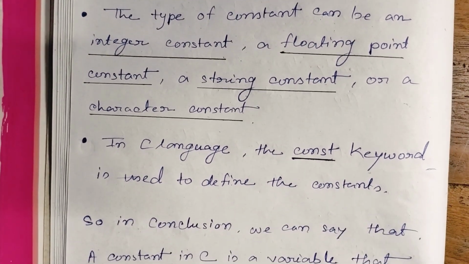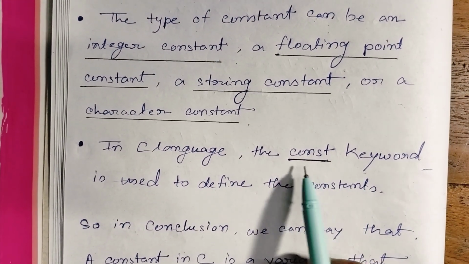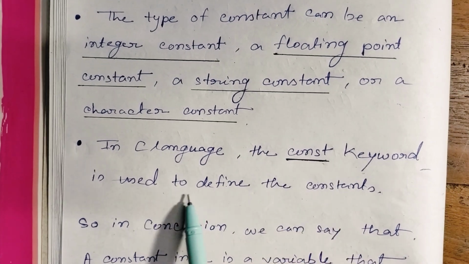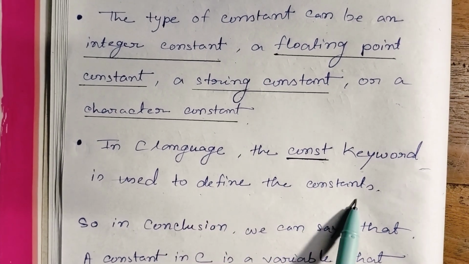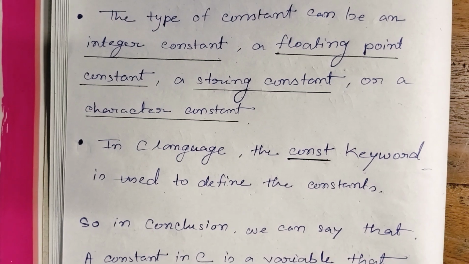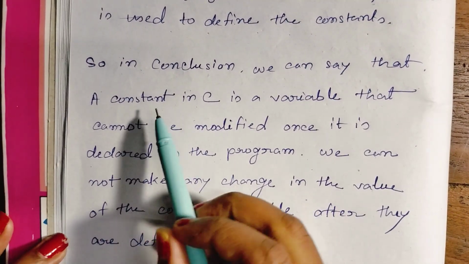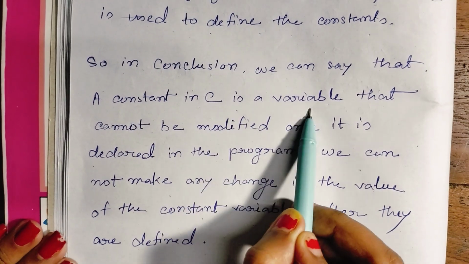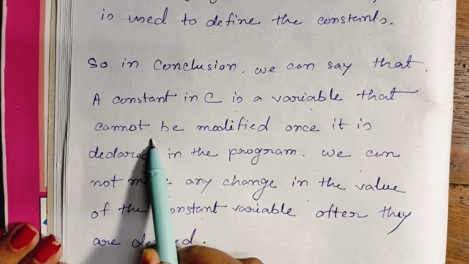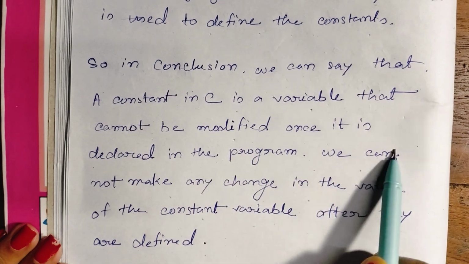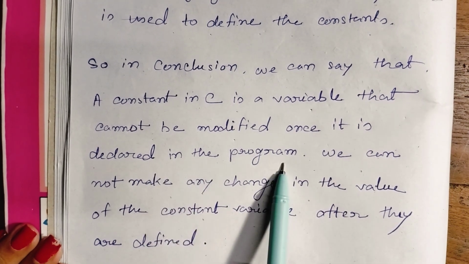In C language, the const keyword is used to define a constant. So in conclusion, we can say that a constant in C is a variable that cannot be modified once it is declared in the program.